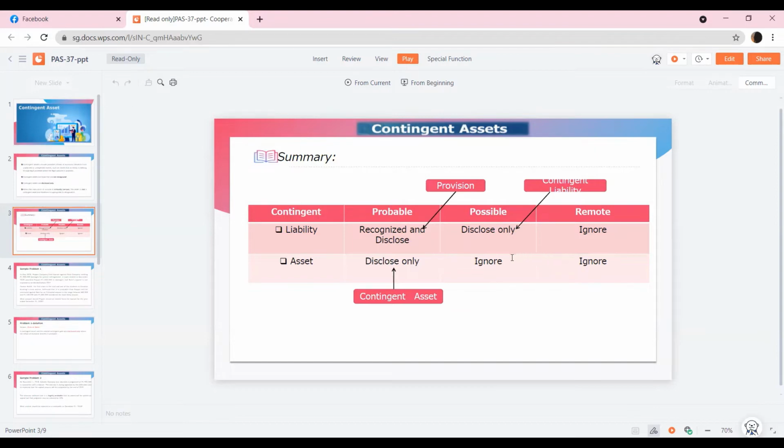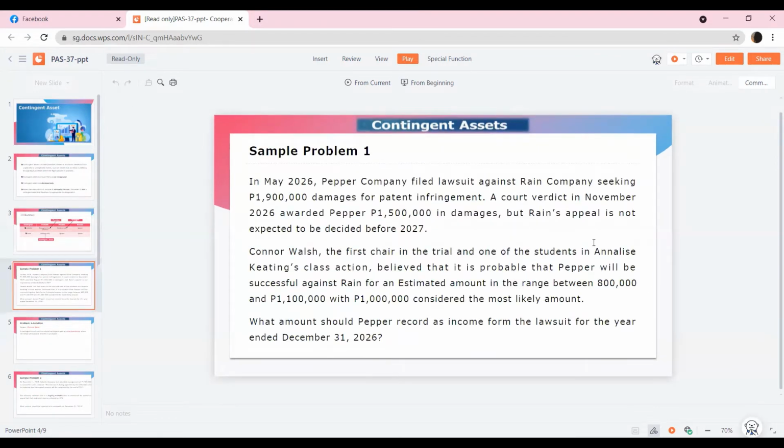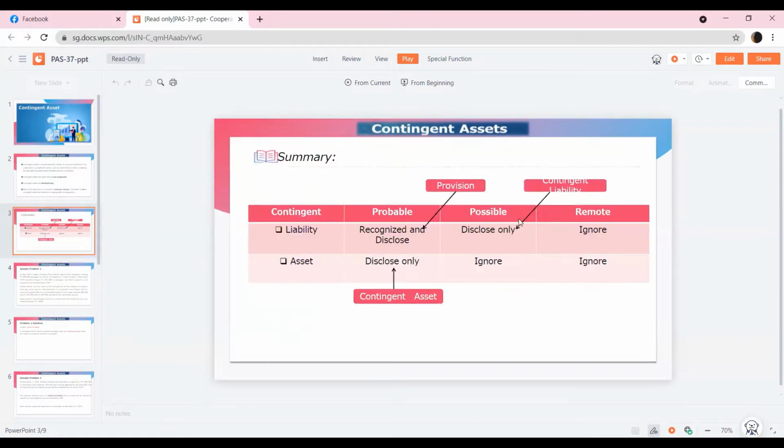Because kapag probable lang po yung chance na magiging asset talaga yan, dito lang po siya nagiging contingent asset. Kapag possible naman, see to it na ini-ignore lang natin yan. Mas lalo naman kapag remote yan.